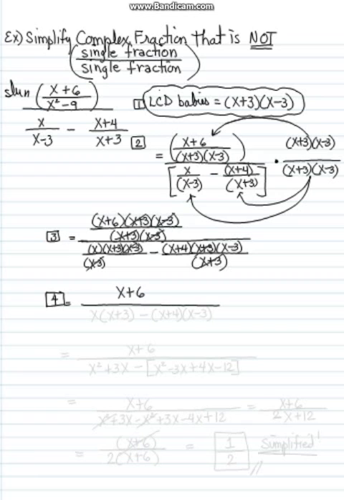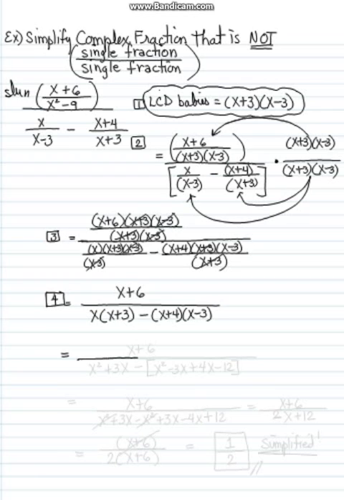No more baby fractions. This got rid of all the baby fractions. x plus 6 on the top over x times x plus 3 minus parenthesis x plus 4 times x minus 3. It's always going to happen. When you multiply the top and across the bottom with the LCD of all the baby fractions, the little denominators are going to disappear, and you'll just have a regular fraction when you get to step 4.